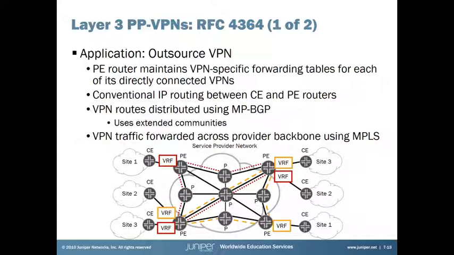Okay, we're going to get into the detail of how this works. We're going to do some labs on this. So the main points are that the PE router maintains the VPN-specific forwarding tables for each of its directly connected VPNs. What does that mean? That means that the routes to the customer's network are maintained by the service provider. So the customer's networks are using private address ranges.